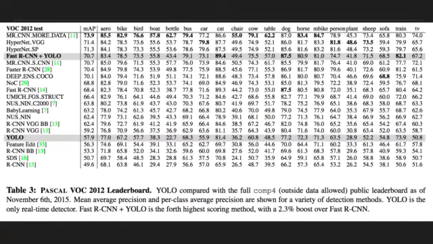So here are other measurements of mean average precision over the Pascal VOC 2012 leaderboard data set across all 20 categories. The categories you can see right on top, and this is the mean average precision score.